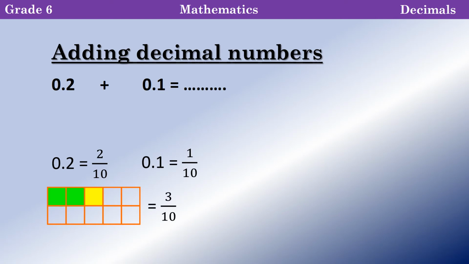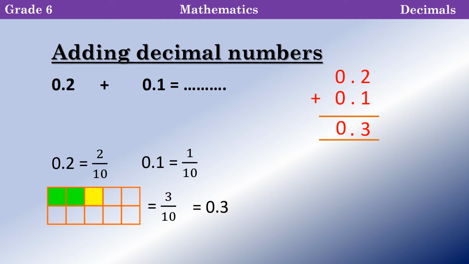Therefore, it is 3 over 10. That means it is equal to 0.3. That is, 0.2 plus 0.1 when added is equal to 0.3.